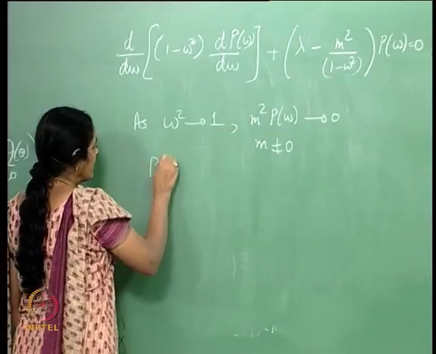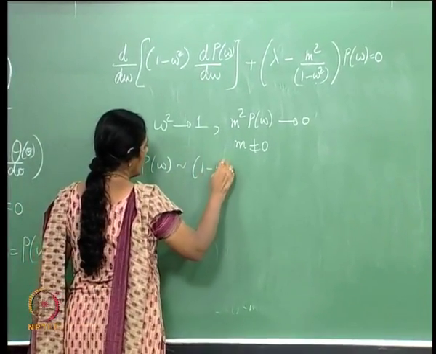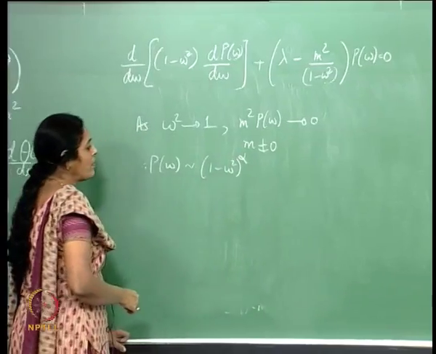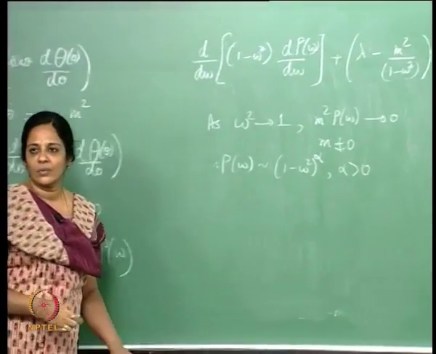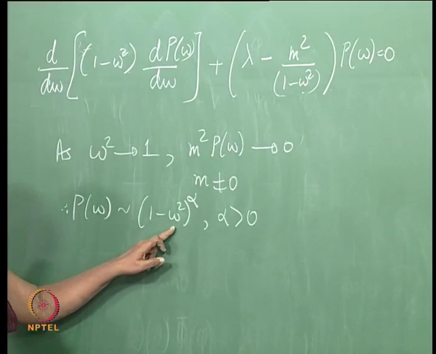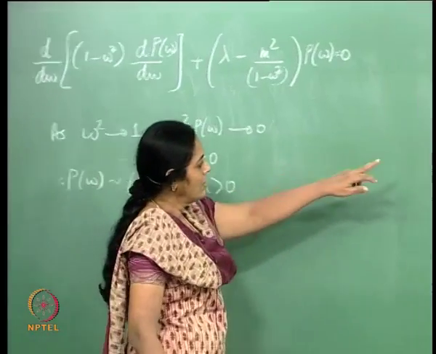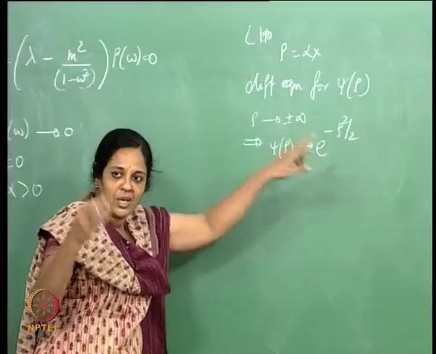So, this means that P of W should go as 1 minus W squared to the alpha, where alpha is greater than 0. This statement is the analog of the statement psi of rho goes as e to the minus rho squared by 2 for large rho.